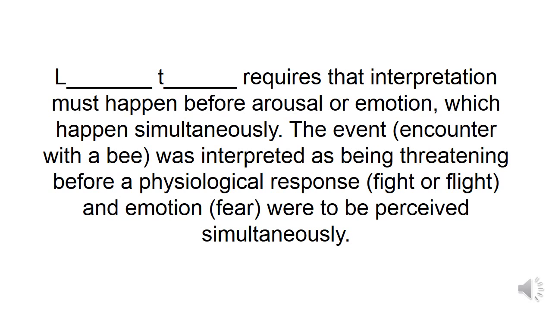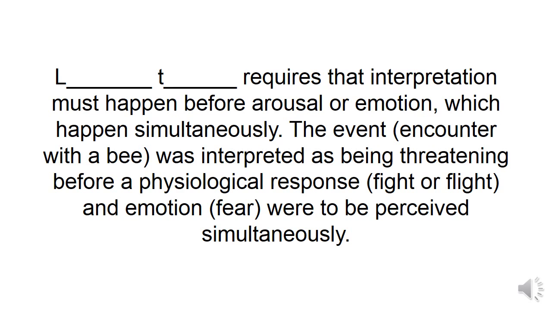Lazarus theory requires that interpretation must happen before arousal or emotion, which happen simultaneously. Okay, so here's the sequence that this thing is talking about. The event first, let's say an encounter with a bee, was interpreted as threatening before a physiological response.